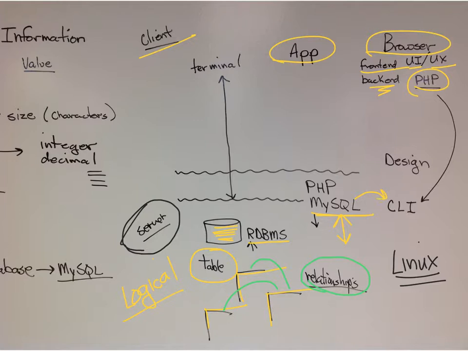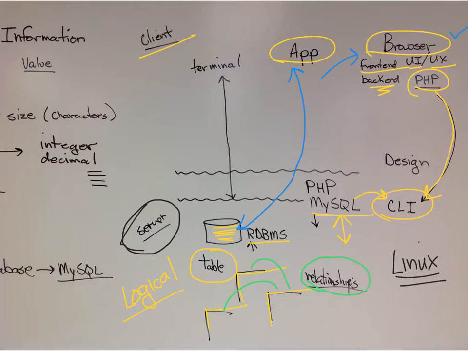We learn how to use MySQL from the command line interface. PHP can use those commands to access the data from the database and make it into some form of information, either reading from your app or your browser. We don't get this far until right at the end of the course.